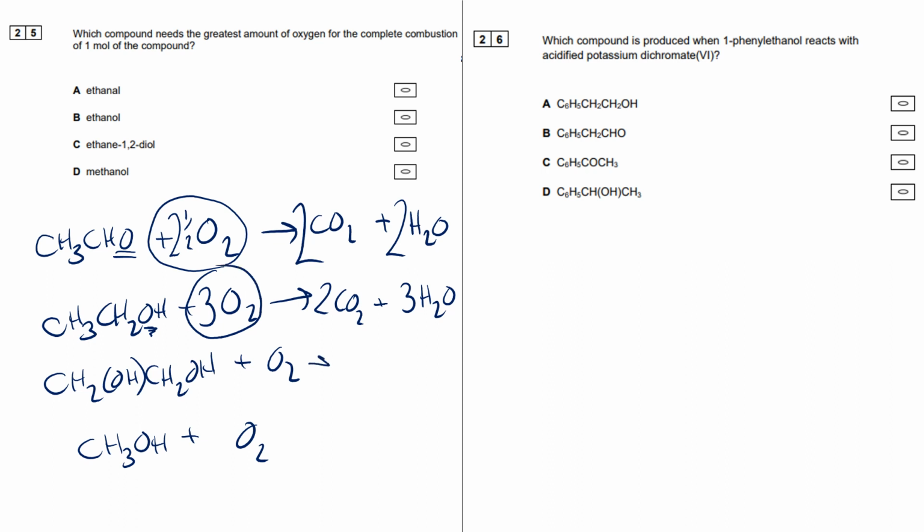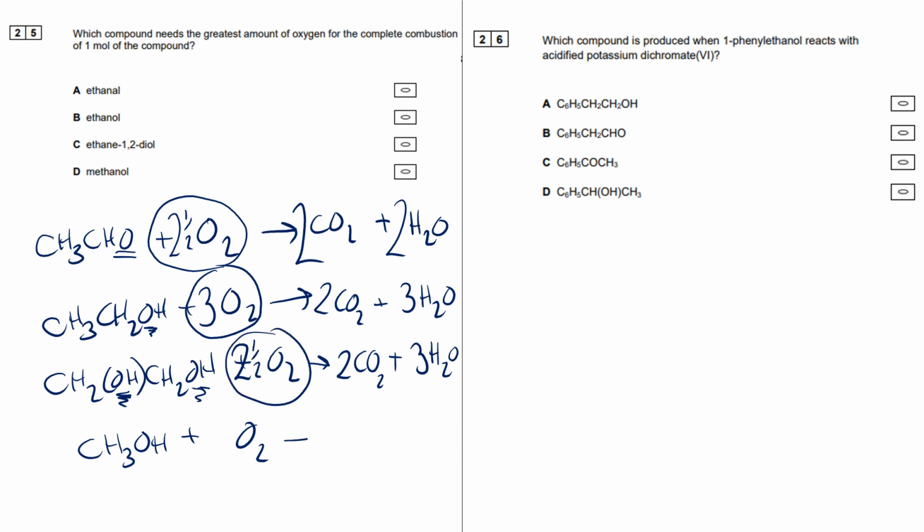Ethane-1,2-diol, again we have 2 carbons, so 2 CO2s. We have a total of 6 hydrogens again, so we're going to need 3 H2O. There's 2 oxygens in the ethane diol, so 7 oxygens in total. Take away 2 will leave us with 5 oxygens left over, so we're going to need 2.5 O2 there.